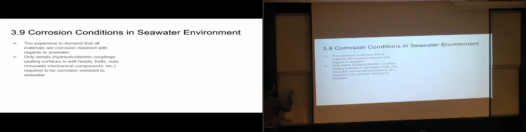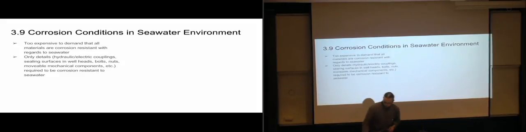Or for an example, if we have a shaft that's going through a hole, the iron oxide that will be created from the corrosion process is going to be on top of the surface mostly. So a thin coating of iron oxide won't be a very big problem.